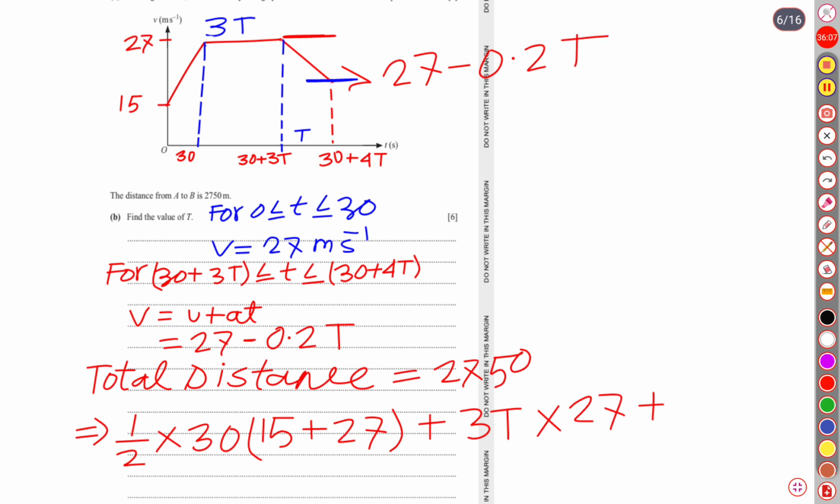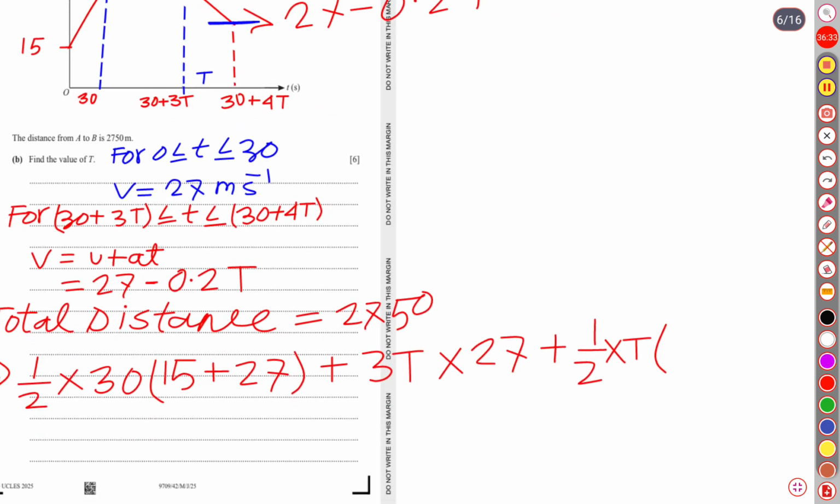So we are going to write this is also a trapezoidal distance, that is half of the distance between these two. Look at this, 30 plus 3T and 30 plus 4T, it is actually just T. Then the sum of the parallel sides, one is 27 minus 0.2T, another one is 27, so we will just write 27 plus.